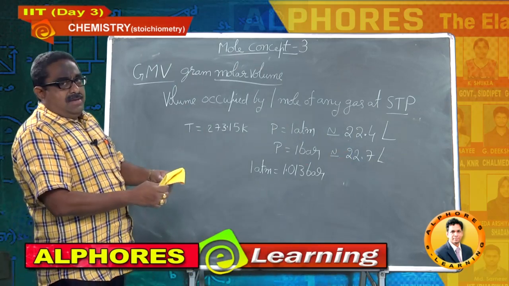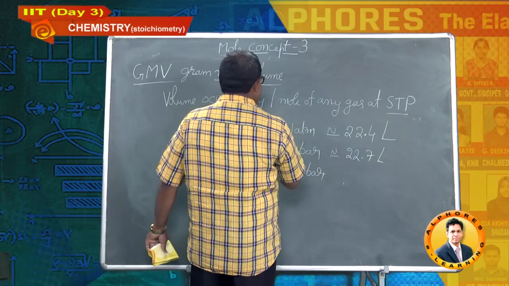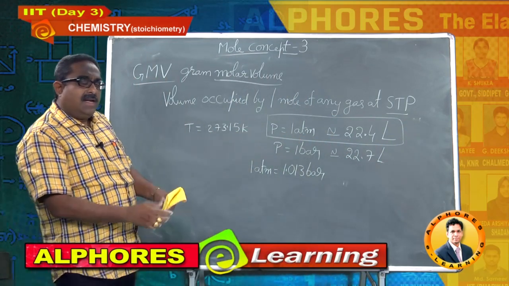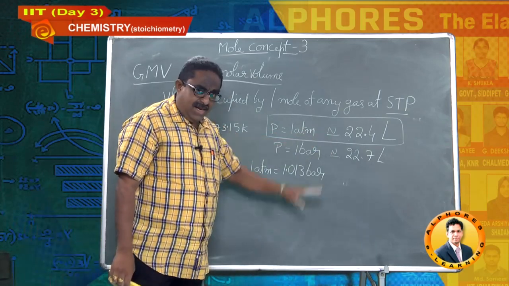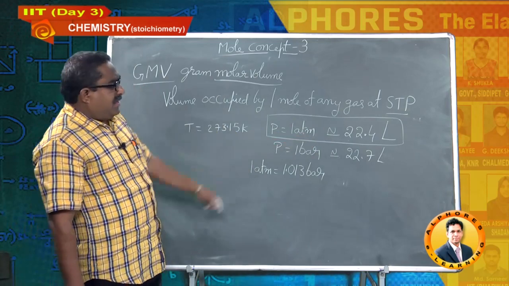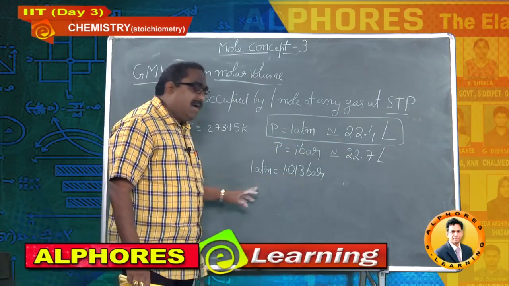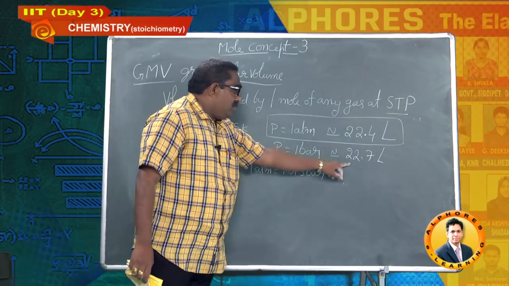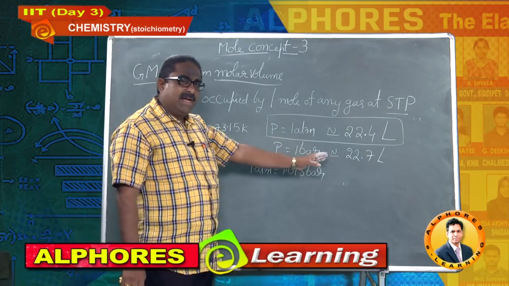But still we are following 22.4, as in the majority, 99% of the books, they are following this till date, but the value has a very small difference, and this is the unit. This is also a very small difference, but exactly this we should follow now, though many of the books are following the old value even in the examinations.